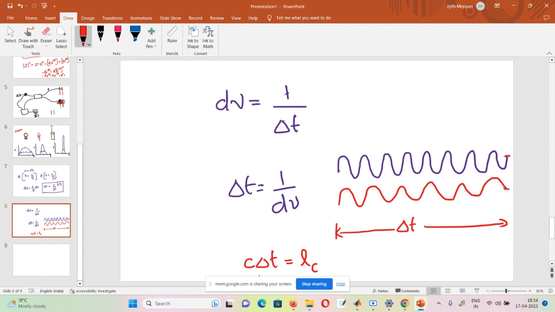So in the case of an OCT, what kind of beams do you want? You don't want a high coherence length beam, because if you have a very high coherence length, at any point you are going to get a coherent beam, and a coherent beam always produces an interference pattern. You don't want the interference pattern at all points.